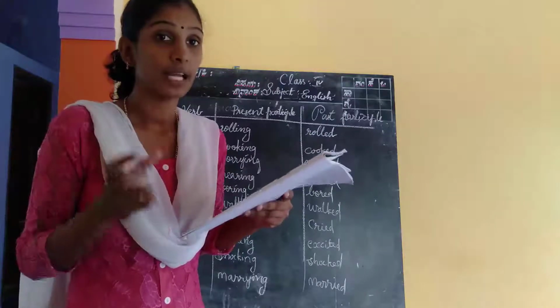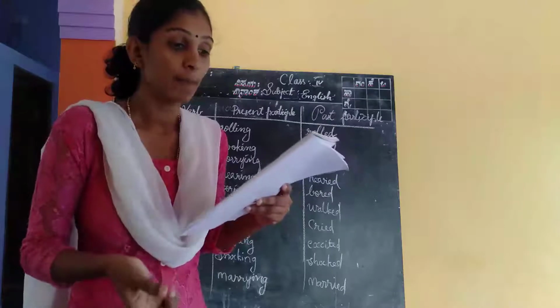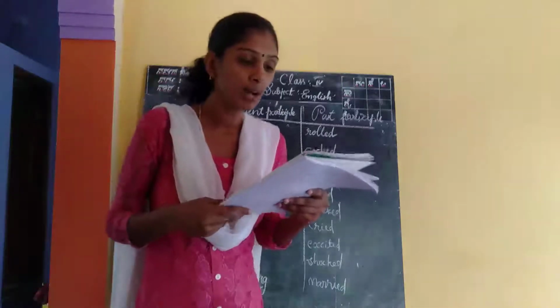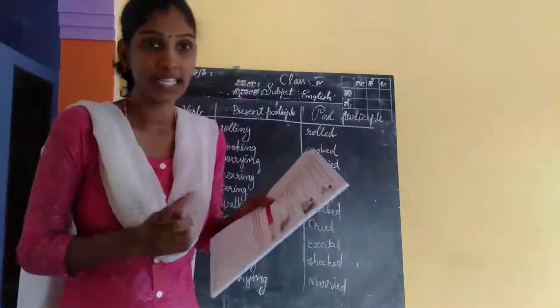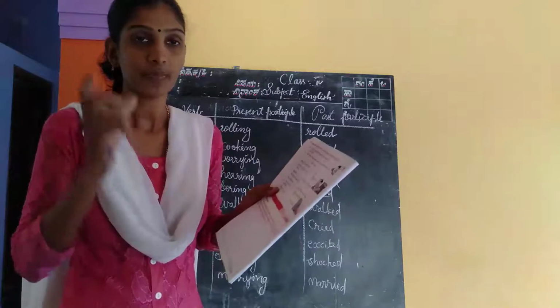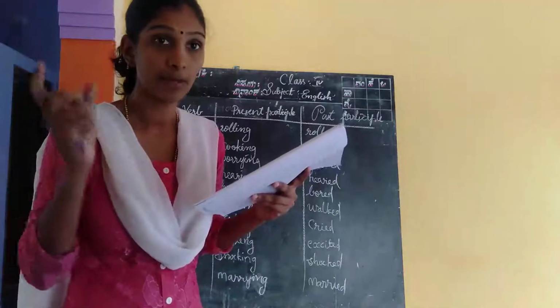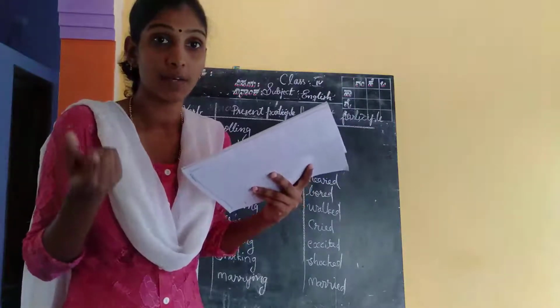Surprise is given in the bracket. Surprising is V4 and surprised is V3. And the little girl was dash because of the darkness. Frightened is given in the bracket. Frightening is the present participle V4 and frightened is the past participle V3.